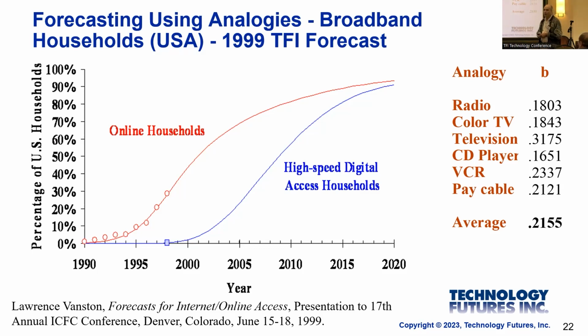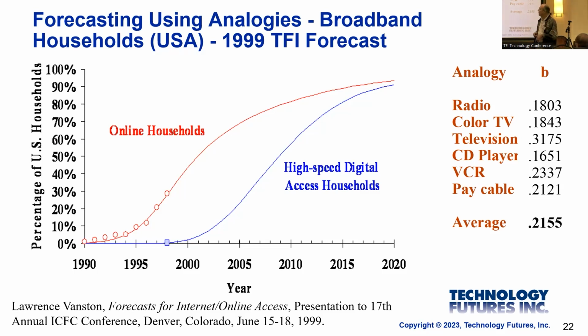Online households were households that had a dial-up modem, would dial up and access America Online, for example, the early internet type services. Or actually, that was even pre-internet. And so we had the curve already started for them, and we noticed that was parallel. So we had sort of a precursor situation there.